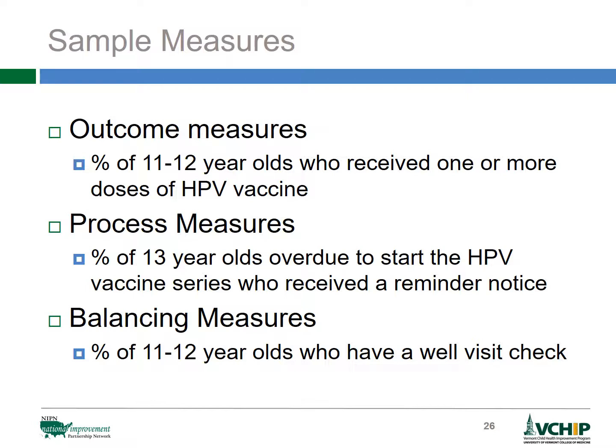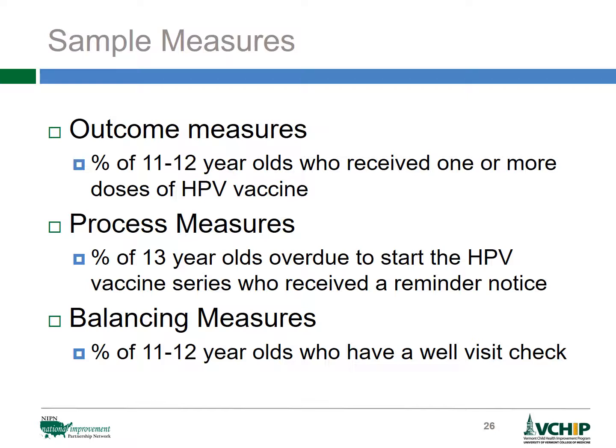So again, we're using the example of HPV vaccination. A sample outcome measure for HPV vaccination could be the percent of 11 to 12-year-olds who received 1 or more doses of HPV vaccine. A process measure might be, say the process is trying to increase those rates by implementing a reminder recall system.